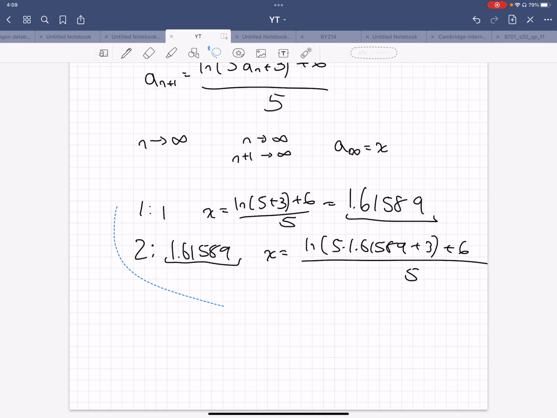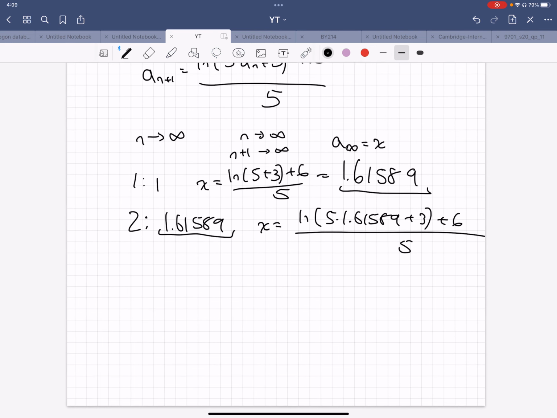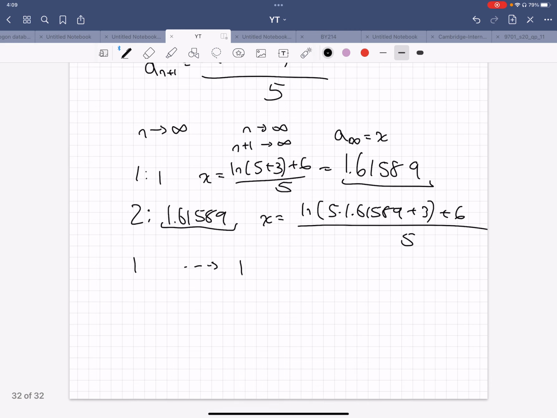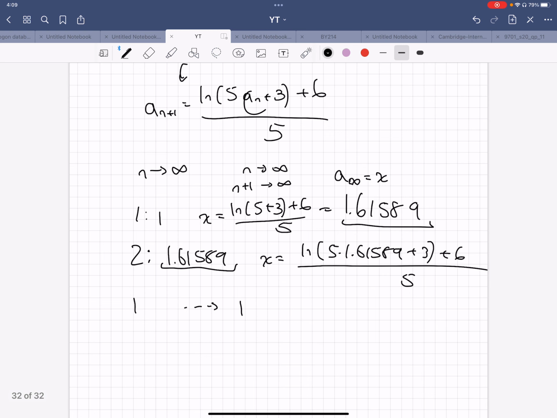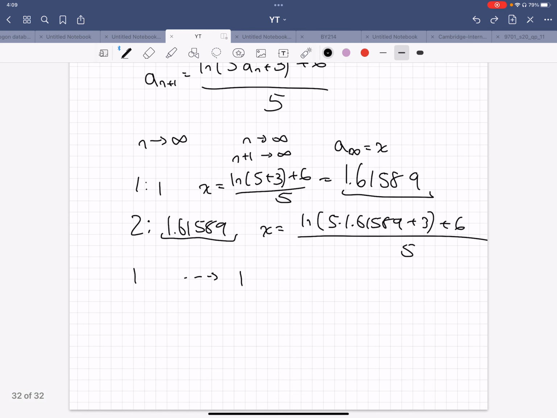So what I like to do instead is, because I'm starting with number 1, I just type 1 into my calculator, and then the calculator should show 1. And now what we can do is plug this into our equation. So in our calculator we write (ln(5 Ans plus 3) plus 6) over 5.